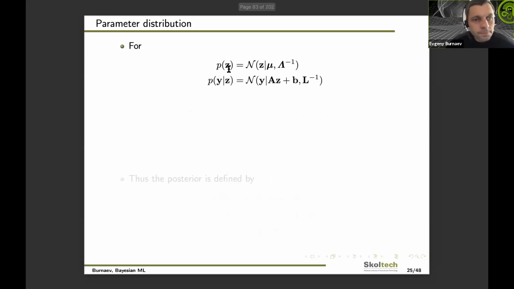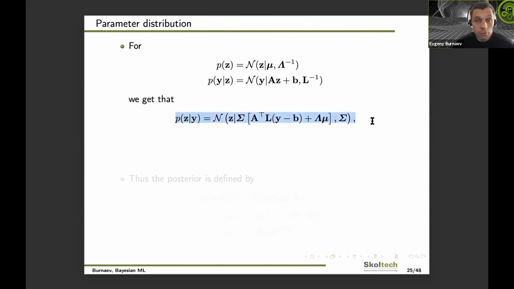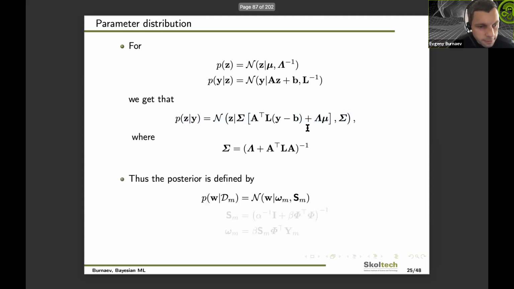As you remember, in the very beginning of this lecture, I told you that if the distribution of z is Gaussian with these parameters, and the distribution of y given z is Gaussian with these parameters, then the posterior distribution of z given y is also Gaussian. And the explicit expressions for the parameters are given by these formulas.